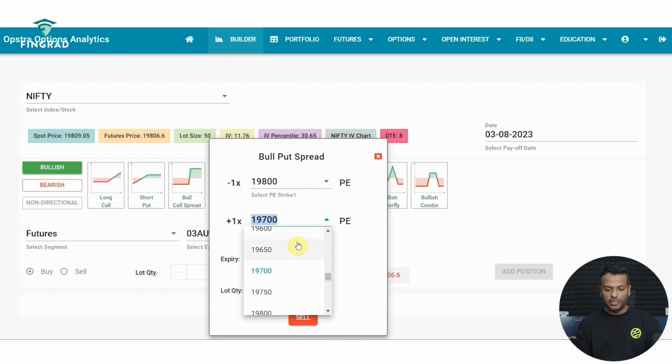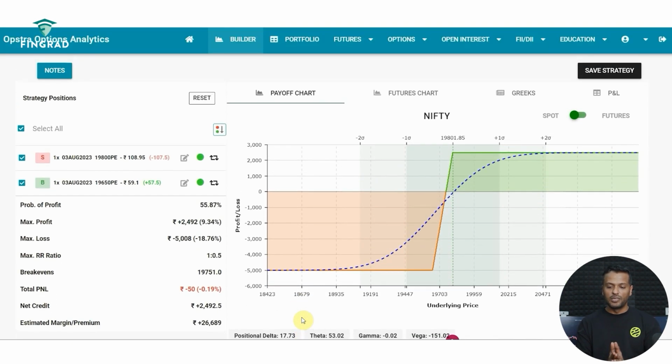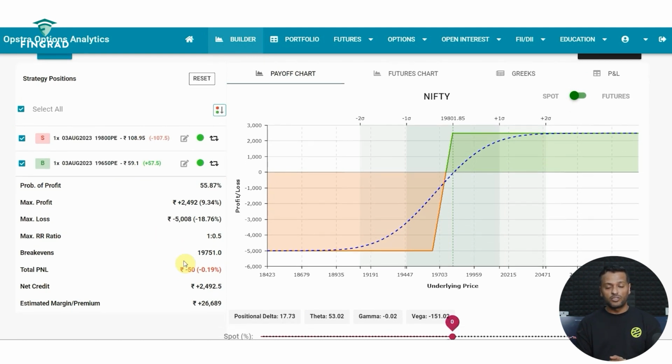So what you do, you take 19,650 put option, you buy that and you sell the strategy on the chart. Now you can see the payoff chart for the strategy. Because you've sold, you pocketed 108 points. Because you bought, you paid 59 points. So overall, in this strategy, there is a net inflow at the time of the implementation of the strategy.